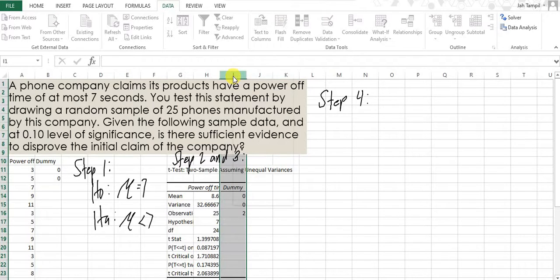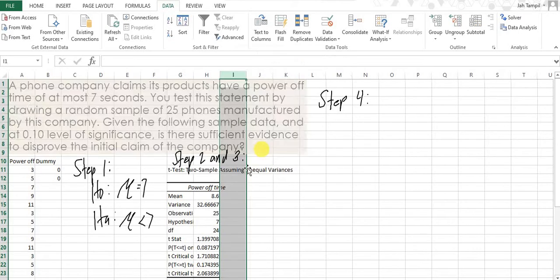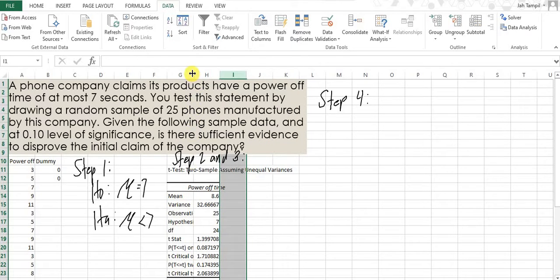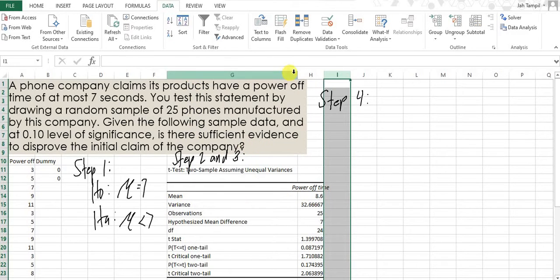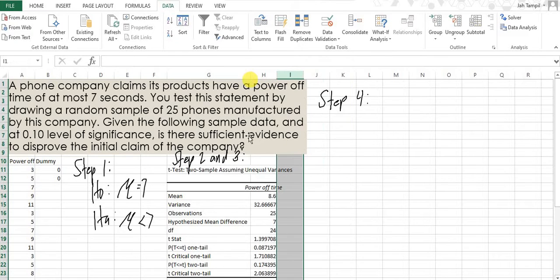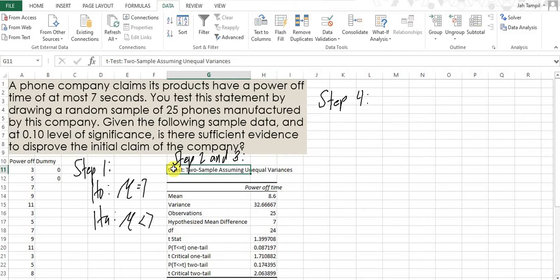I will just delete that column so that we will focus on that one variable only. Maybe we can just shorten that one there. And we can also change this to just one sample. So I will simply write one sample because we will still use that test in later lessons.